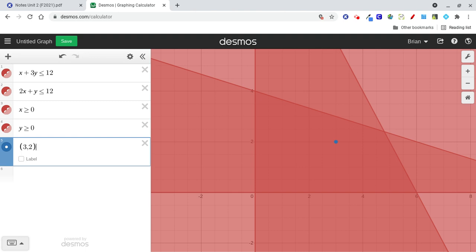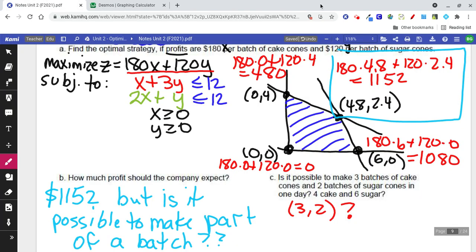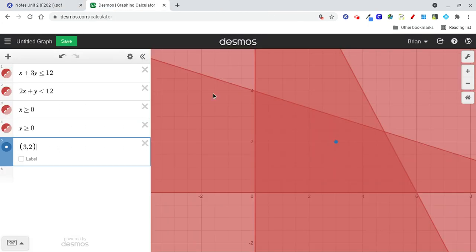See how that point right there, 3, 2, is inside the feasible region? That's inside the feasible region. That is right there, and that's possible. It's not the maximum. I know the maximum has to be one of the corner points, but that is possible to do. We could do that.